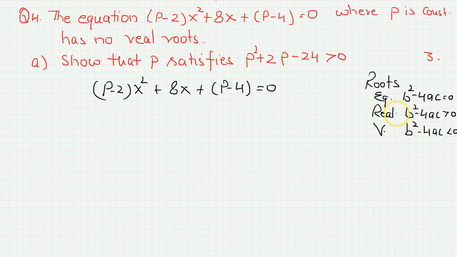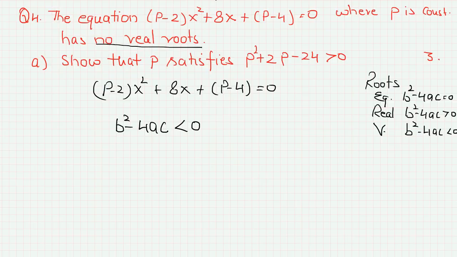And if real and equal is written in the question, then it will be b squared minus 4ac is greater than or equal to 0. Here it says that it has no real roots. So for no real roots, our condition is b squared minus 4ac is less than 0.